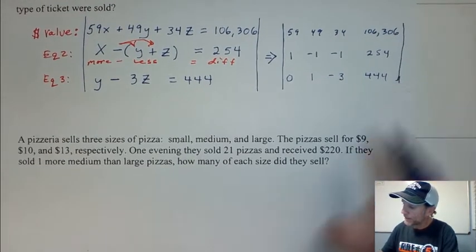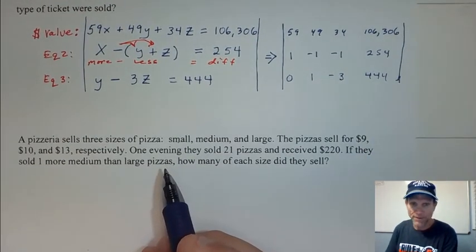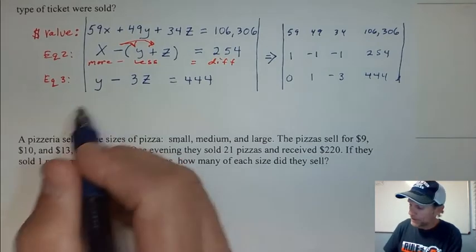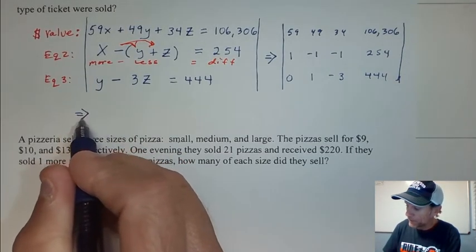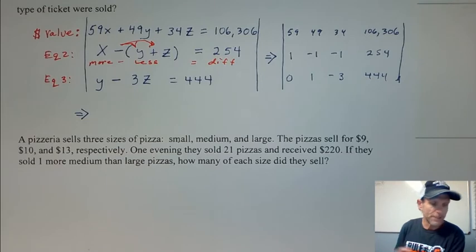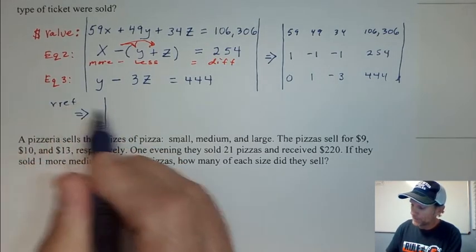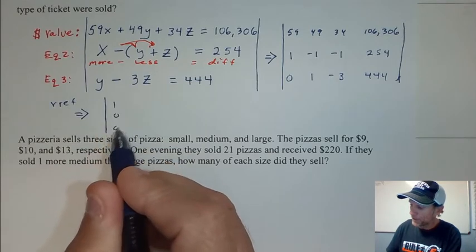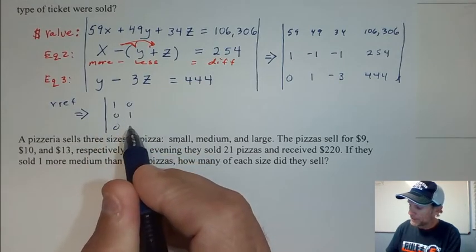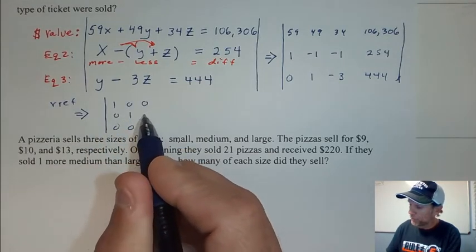Now I'm not going to put this into a ref because of the length of the video here, but hopefully from the other videos you could put it into a ref. And what we get after we do ref is our template that tells us we have one solution.